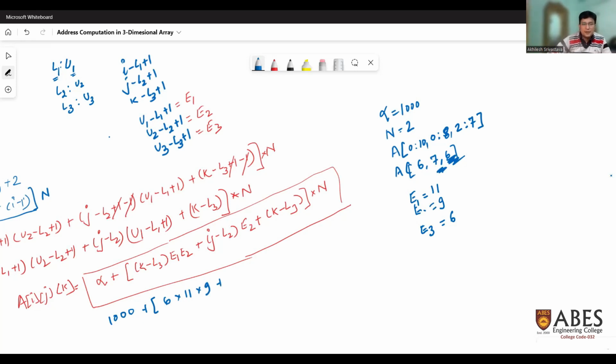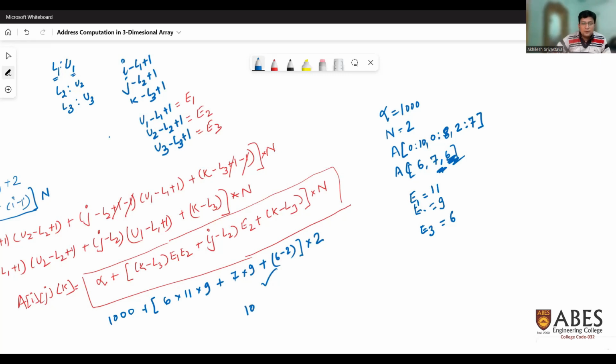So 7 minus lower bound 0 means 7, multiplied with the second dimension, that is 9. And then the third dimension, 6 minus 2. The entire quantity multiplied with 2, because every element is taking 2 bytes for the storage. Once you simplify this, you will be able to find out the address.